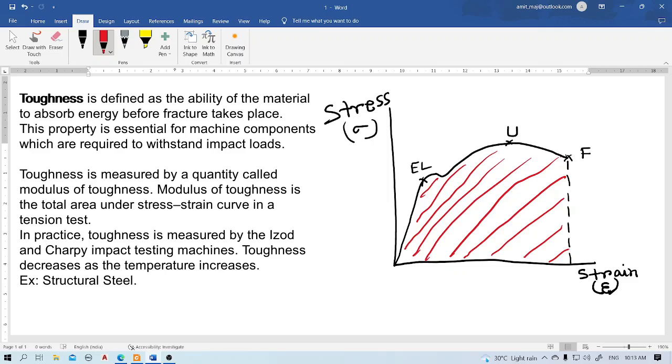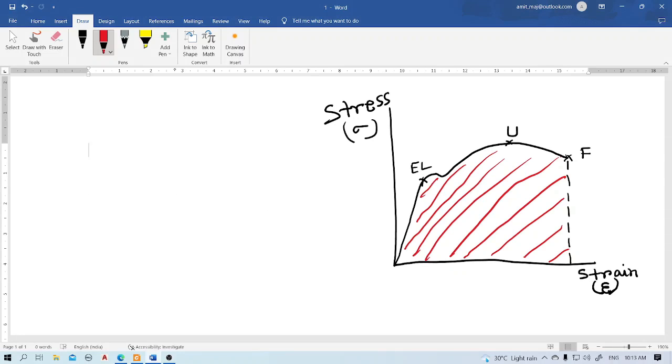Now one thing we have to understand is why it is called modulus of toughness, because we have also heard this type of word in the case of resilience. What is resilience? Up to the elastic limit, the area under the diagram is modulus of resilience, and the total area under the diagram is called modulus of toughness.